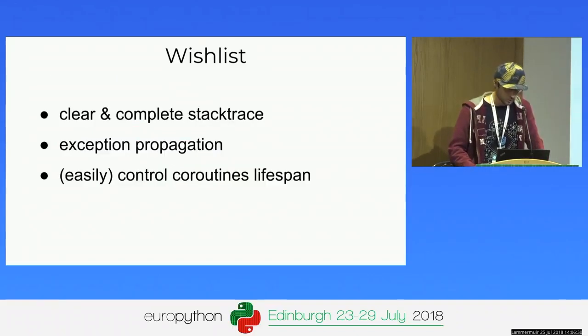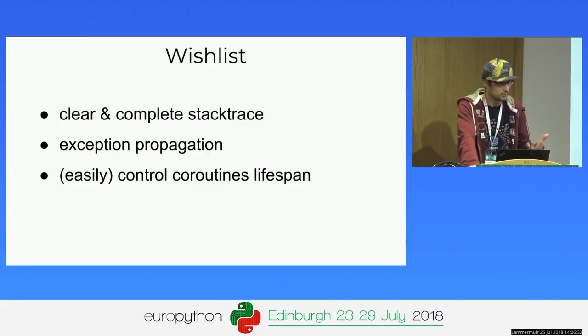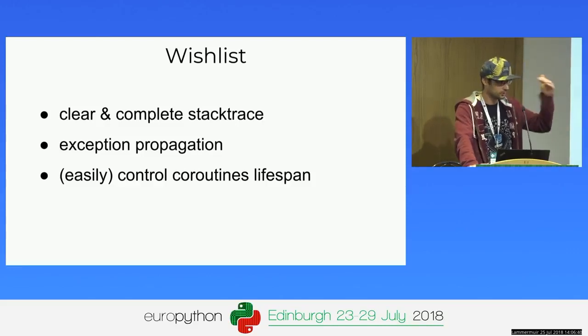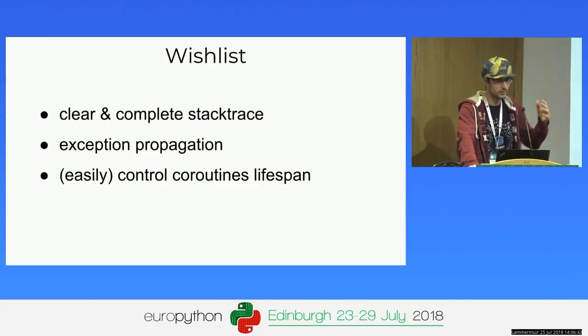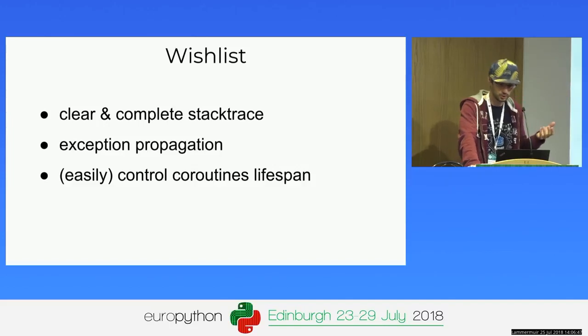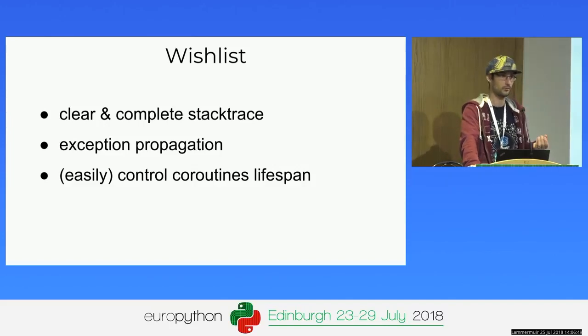So what's the problem here? I see three things that could be improved. The first thing is it would be much better to have a complete stack trace. If we take one coroutine, we should be able to read all the parts of the coroutine and to go up until we see, okay, this coroutine has been created there. And if we go up enough, we should see the main of the function, the root of our program, sorry.